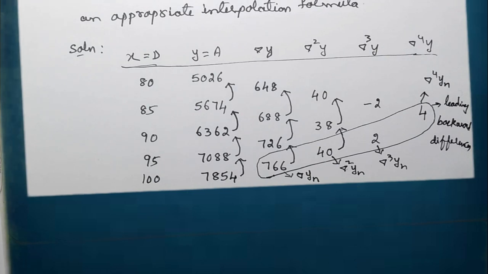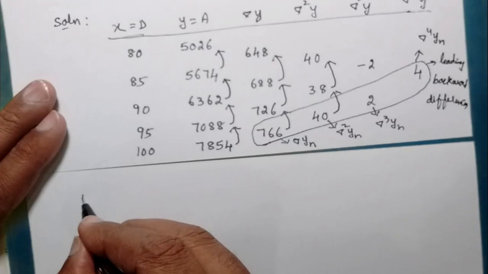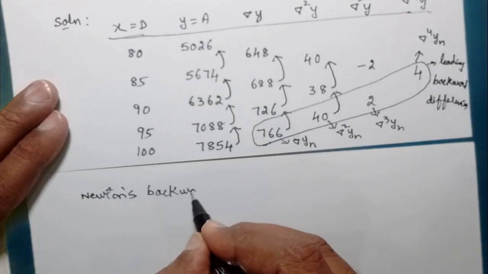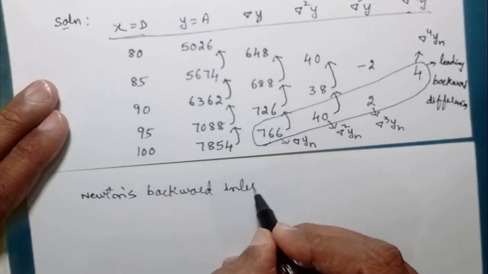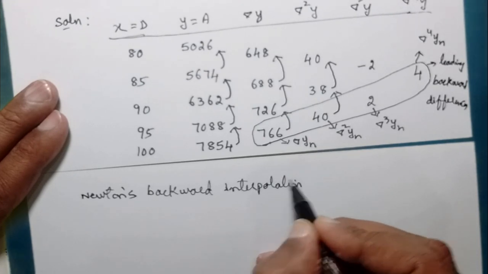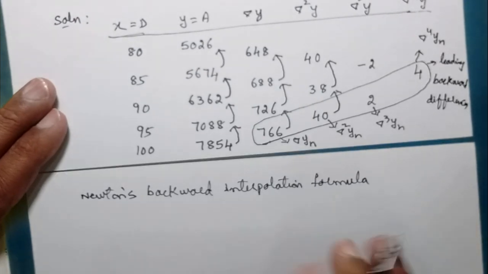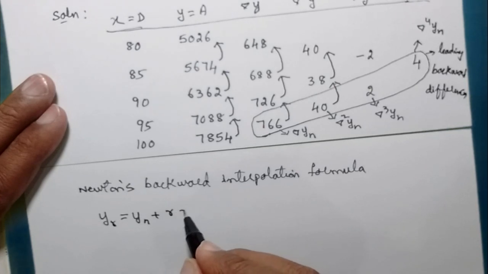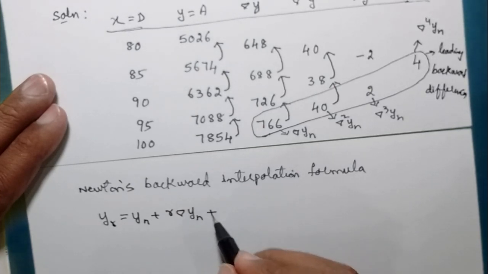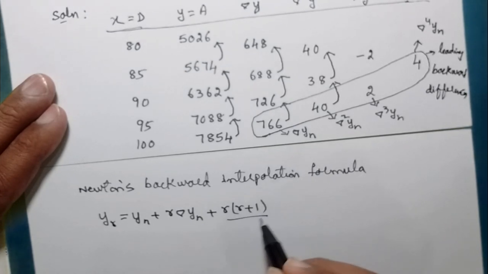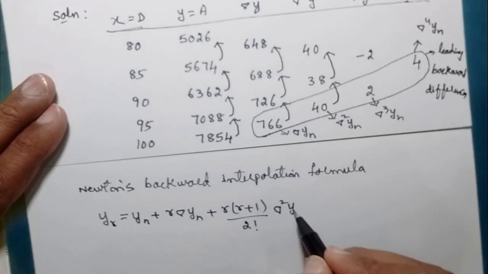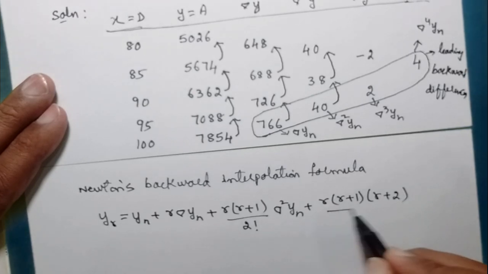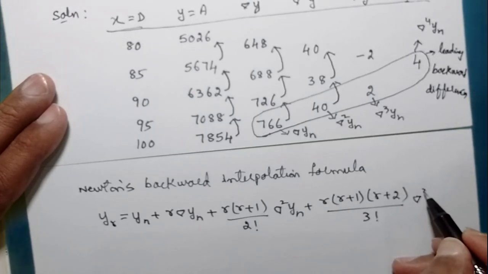So we'll plug in these values in Newton's backward interpolation formula. yr will be equal to yn plus r into the first backward difference nabla yn, plus r into r plus 1 divided by 2 factorial into the second difference, plus r into r plus 1 into r plus 2 divided by 3 factorial into the third difference.